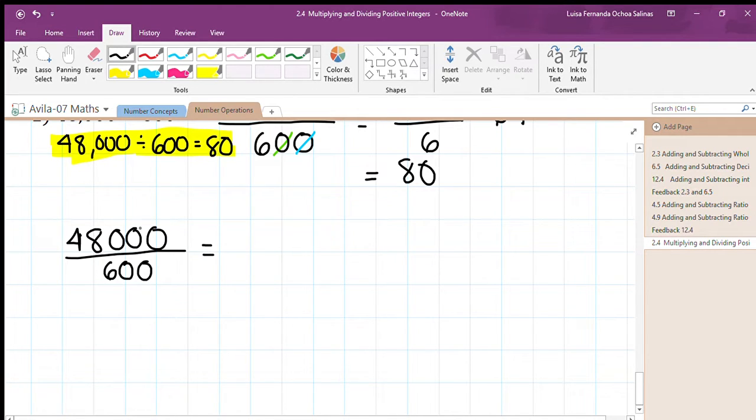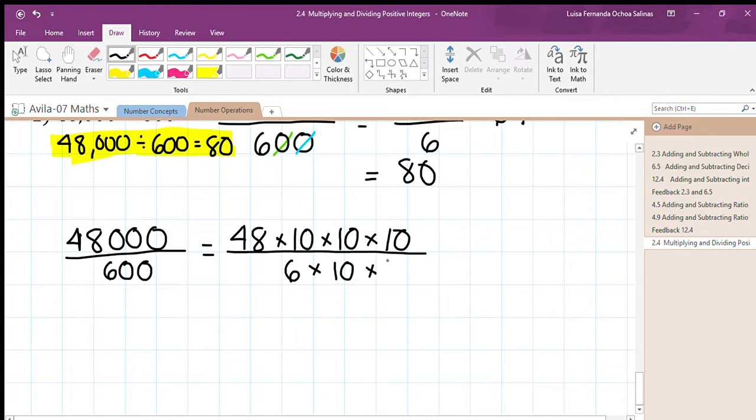Then I can write the one on top as 48 times 10 times 10 times 10. Why 3 tens? Because I have 3 zeros here. And we know that every time I'm multiplying by 10, I'm adding a 0. I'm putting the number to the next place value. So if I do 600, then this one is going to be 6 times 10 times 10.